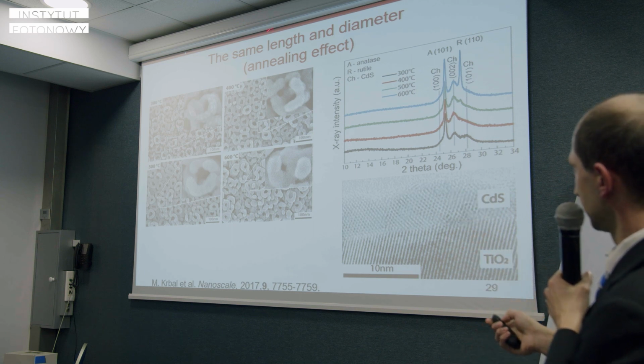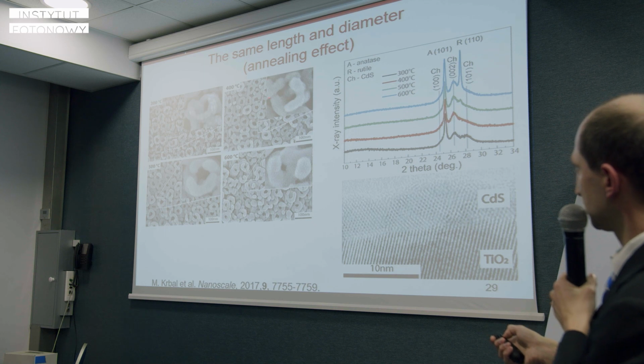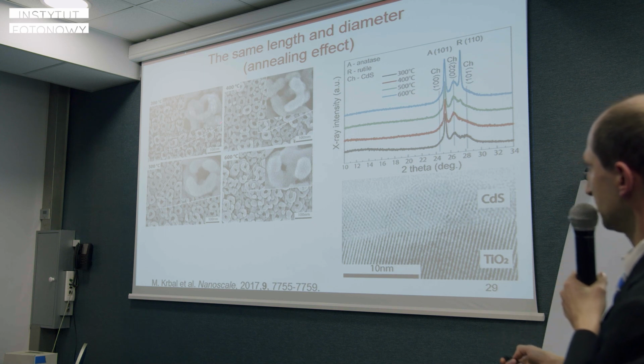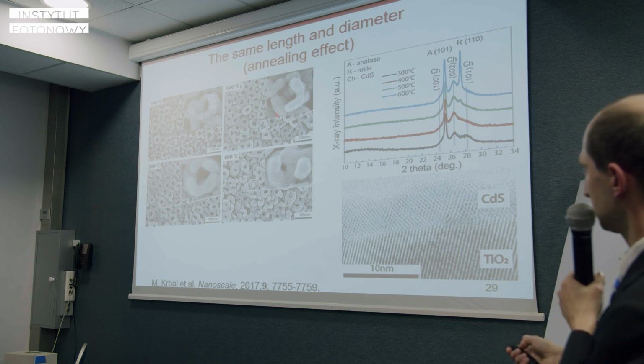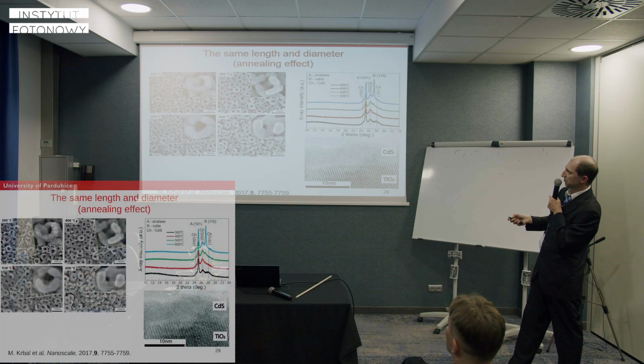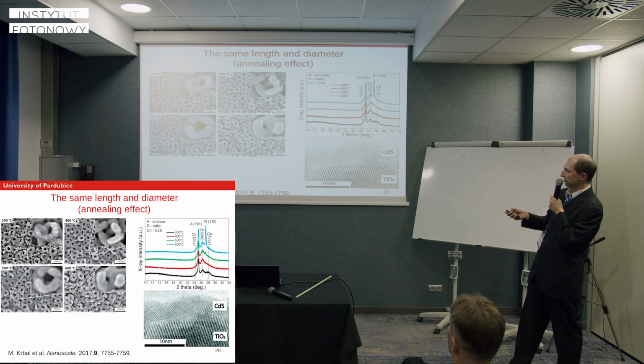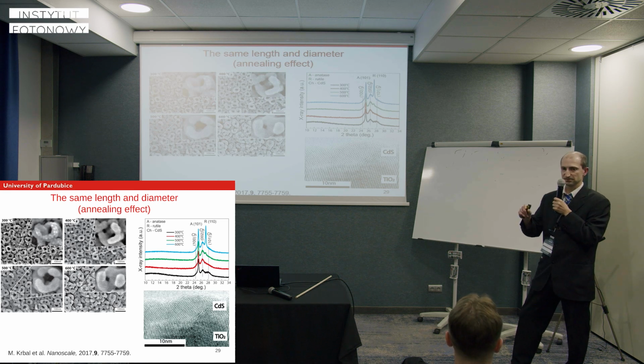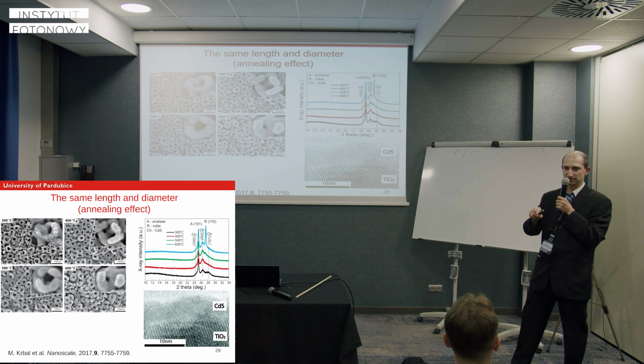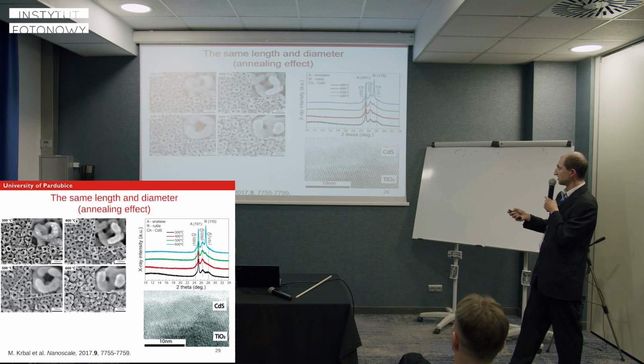If you deposit cadmium sulfide on the samples preheated to 400, 500, and 600, you can see some compact blocks of crystalline structure. The detailed analysis shows that the opening of the diameters became smaller, closer. So that means that on the rutile you can get more cadmium sulfide than on the other structure. And here you can see why.